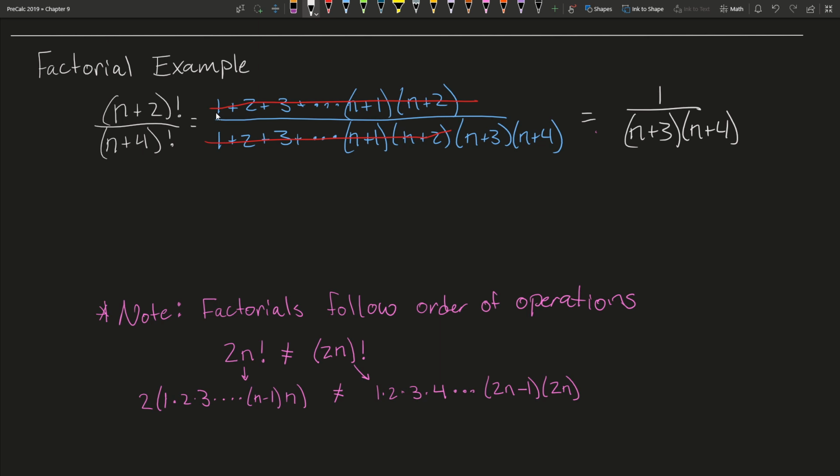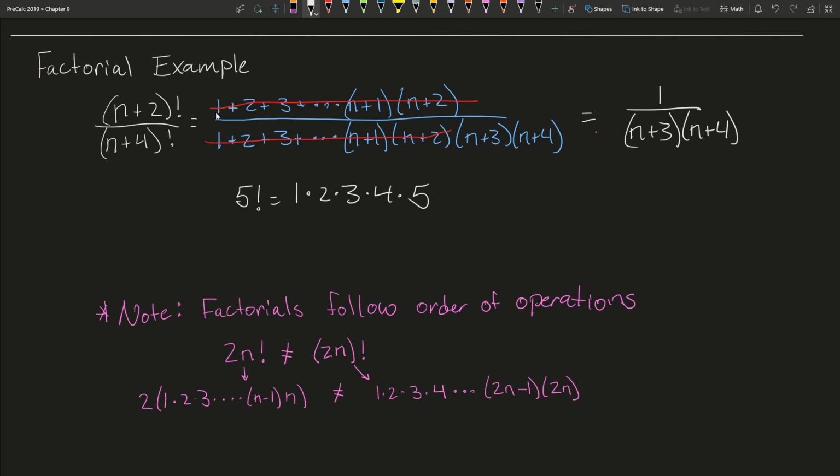It's multiplication, not addition, yeah. So factorial is every number multiplied together. Okay, and one thing I didn't mention in the last class, factorials follow order of operations.